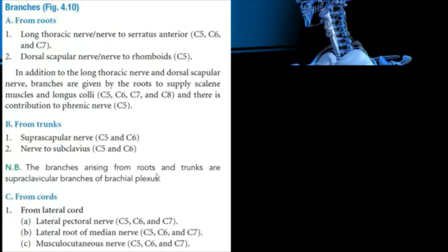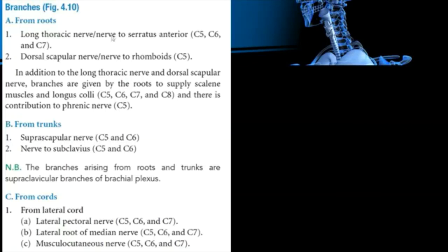The next one is the branches of the brachial plexus. What are the branches? From the roots there are two nerves. This is the long thoracic nerve, or nerve to serratus anterior. You have to know the root value of the muscles.